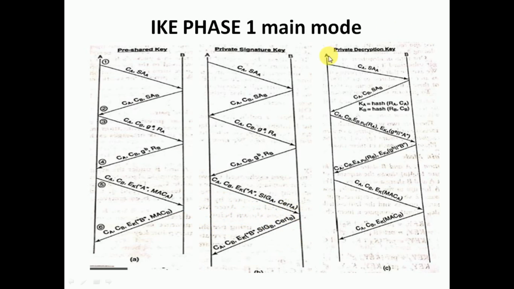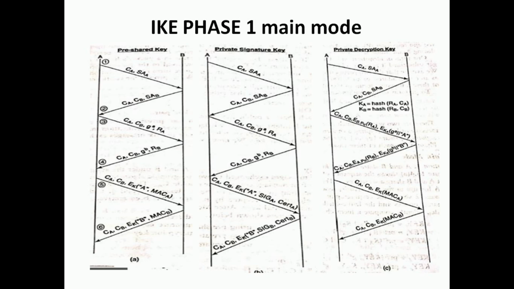So in the third figure, that is the private decryption key, the first 2 messages used with this option are the same as the previous 2 cases. The main difference here is that both sides exchange their identities earlier, in messages 3 and 4.